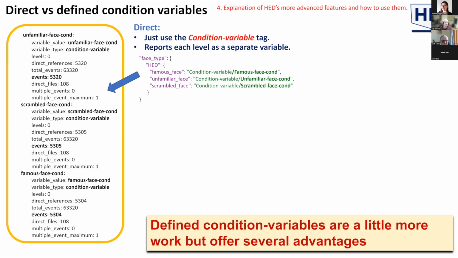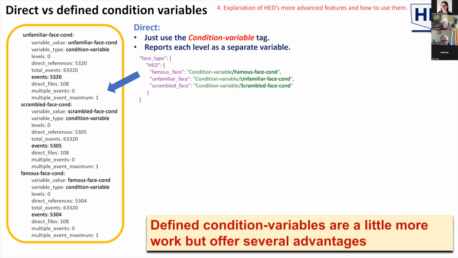So just the usage of condition variable and famous face condition automatically allows you to extract the summary and identify this as a condition variable. And this says that, for example, unfamiliar face condition appears in 5,320 events, and there are a total of 63,320 events in the file, and so on.